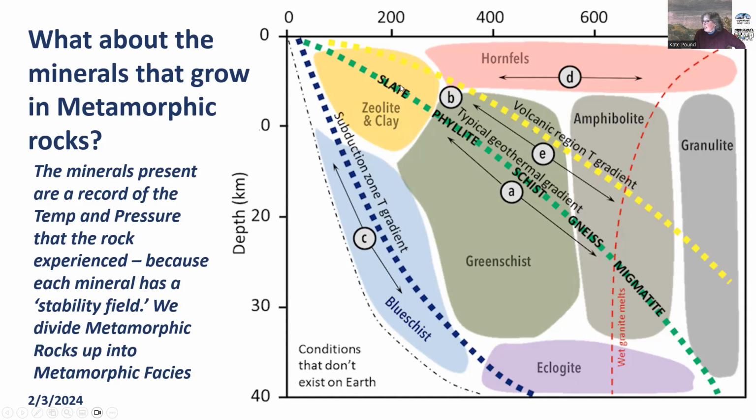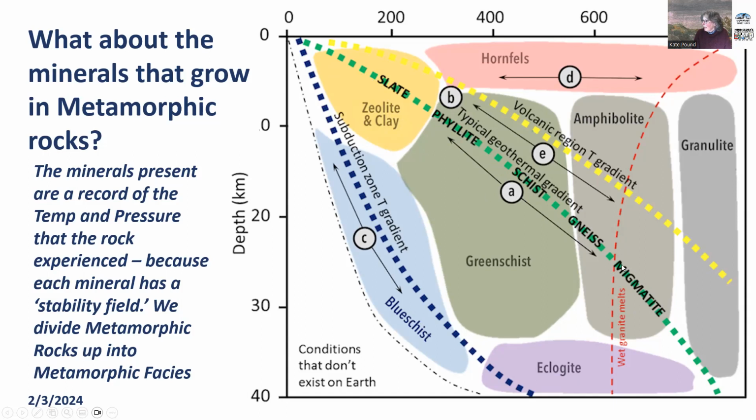This is what is identified here as the typical geothermal gradient. So that's the classic rate at which temperature and pressure changes as you go down into the earth. So this is your classic progression from a slate through a phyllite into a schist, maybe into a gneiss.